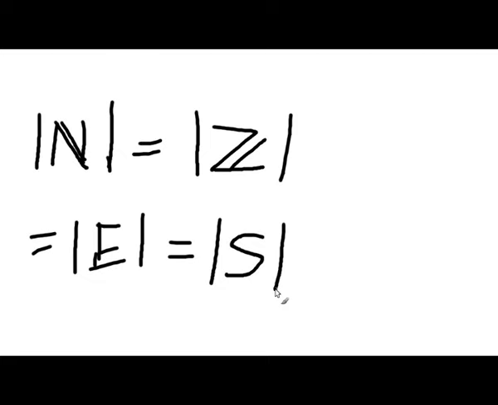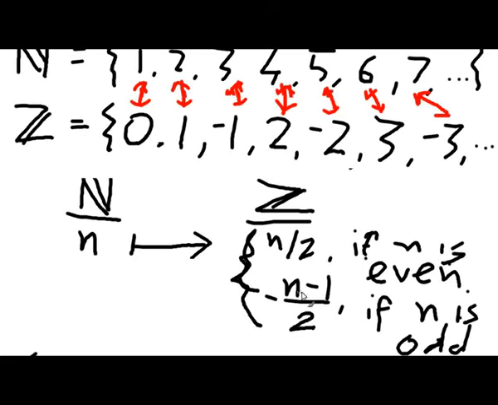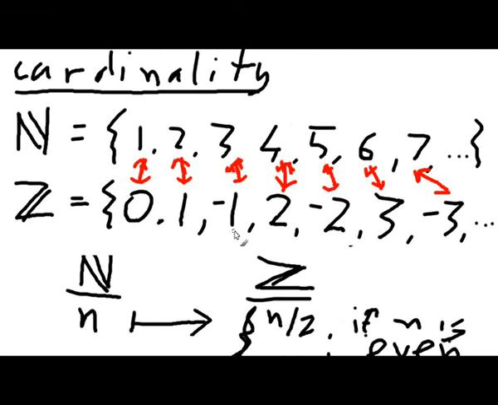So all these sets have the same cardinality, right? So once again, as in the case of the even natural numbers, here it appears that the set of integers will contain almost double the number of elements as natural numbers, because integers contain the negative integers as well.